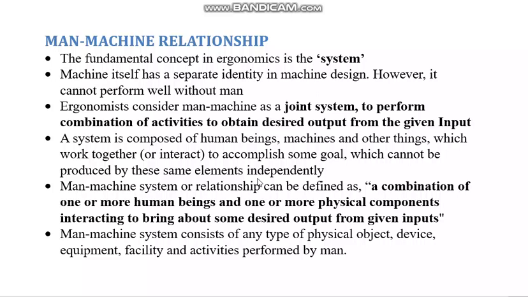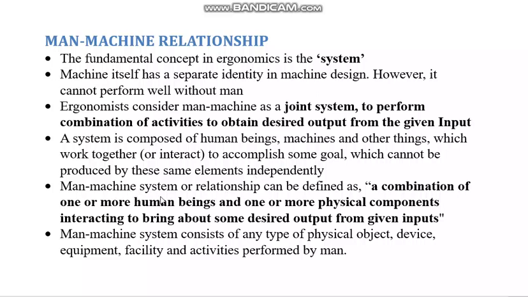CNC machines and fully automatic machines may be able to perform for a certain duration of time without the intervention of man. But after a certain time, definitely they also need human intervention. So man is necessary.